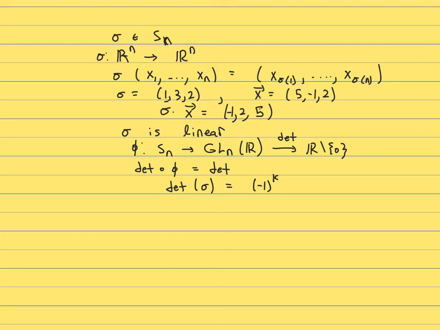And why would that be true? Well, because you're talking about a homomorphism. So if I've rewritten sigma as a product of transpositions, then the determinant factors through the product.